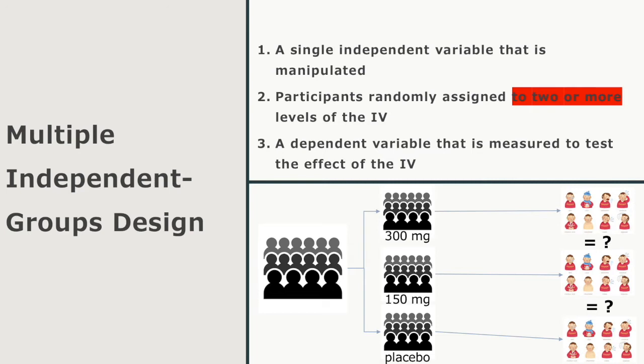And then we can see if those three groups are different from each other. This is actually a really important detail. We can see if the placebo group differs from the 150 milligram group. We can also see if the placebo group differs from the 300 milligram group. We can see if the 150 milligram group differs from the 300 milligram group.